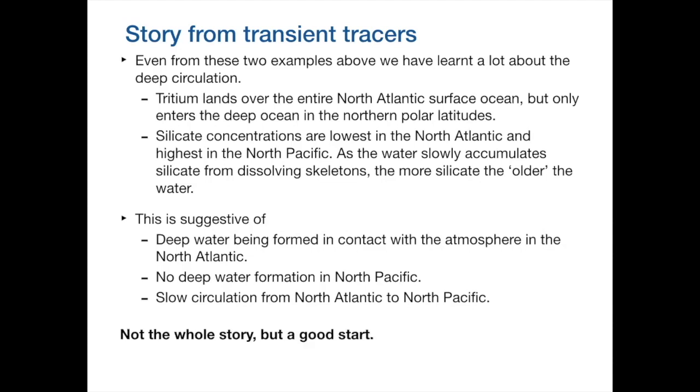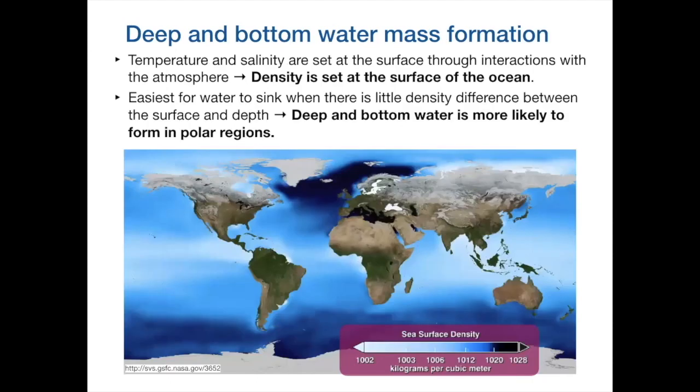So this is a good start to understanding the deep ocean circulation, but it's not the whole story. We know that temperature and salinity are set at the surface of the ocean through atmospheric interaction. So either solar radiation heating the water, winds and evaporation cooling the water, precipitation adding fresh water, and evaporation taking away fresh water.